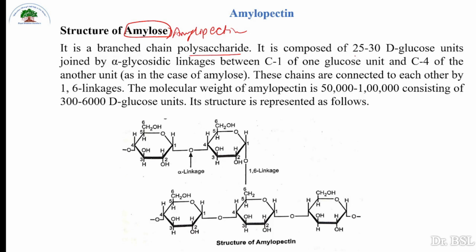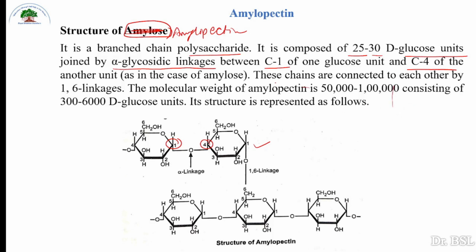It is composed of 25 to 30 D-glucose units and joined by alpha glycosidic linkage between C1 of one glucose unit to C4 of another. This one is C1 and this one is C4 of another unit, as in the case of amylose. So similar glycosidic linkage is there in amylose as well as amylopectin.